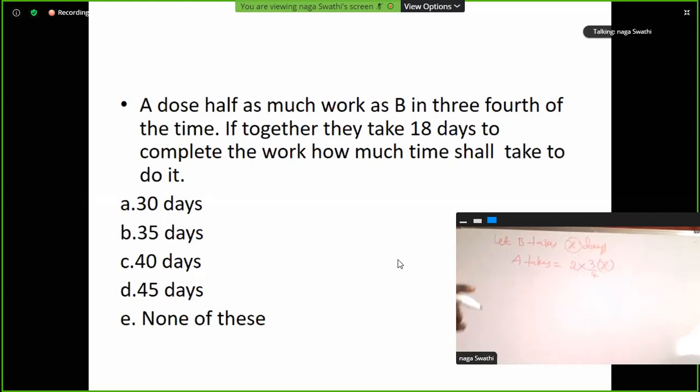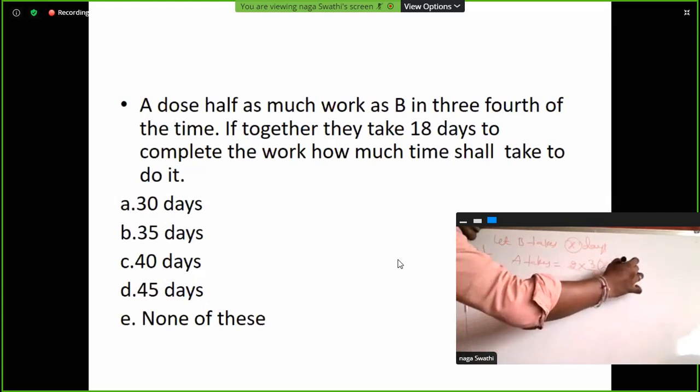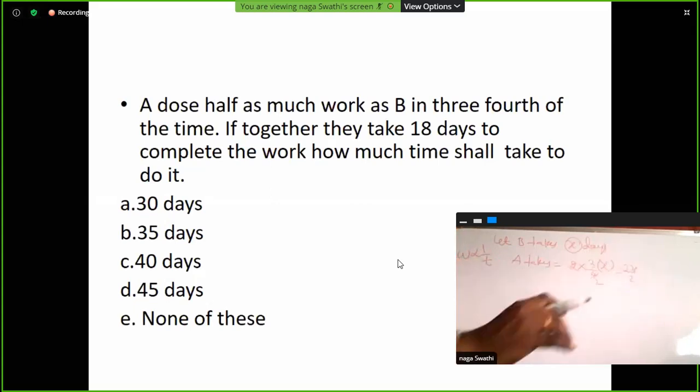So here work efficiency is inversely proportional to time period. So 2 into 3x by 4 is equal to 3x by 2.